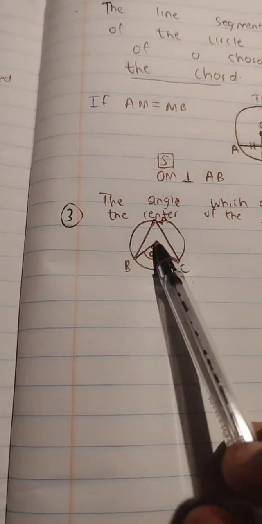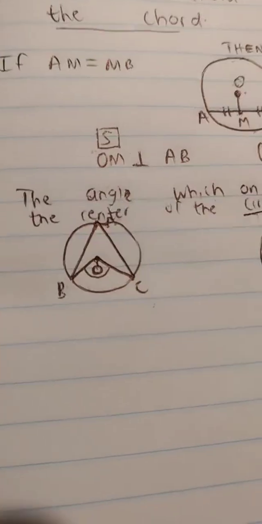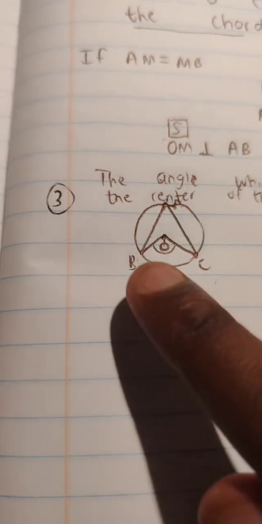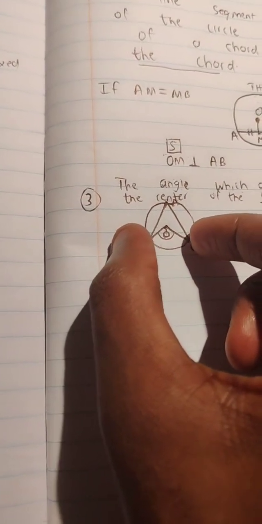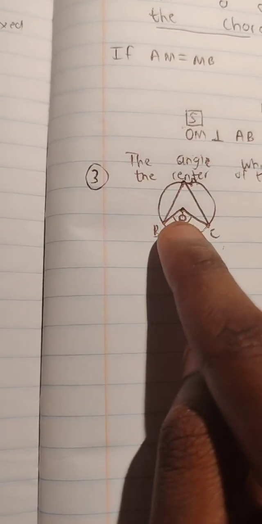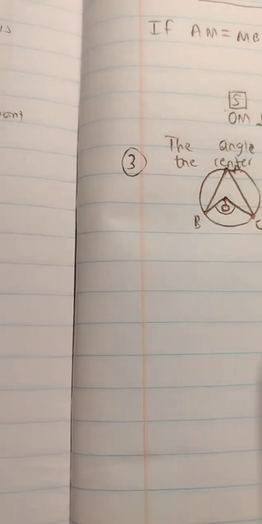Guys, arc BC is directly opposite angle O. But arc BC is also directly opposite angle A there at the circumference. You see B and C. You can put your 2 fingers there. When you move, they go directly to A. So BC subtends an angle at the center, which is angle O1. But BC simultaneously subtends an angle at the circumference, which is A.